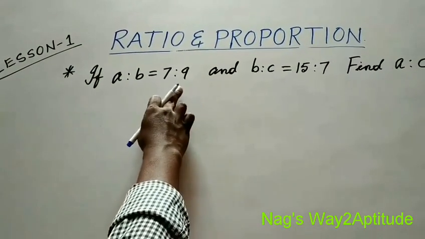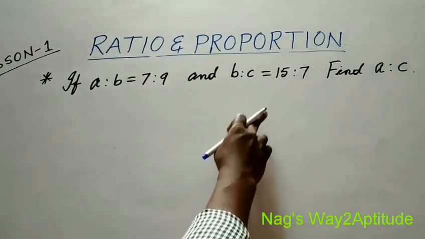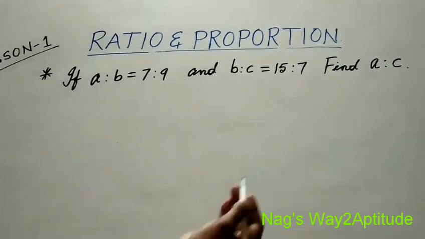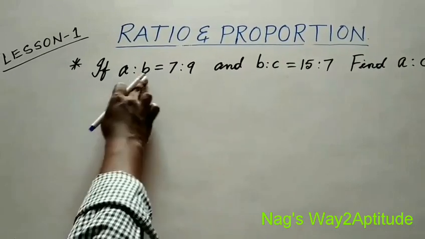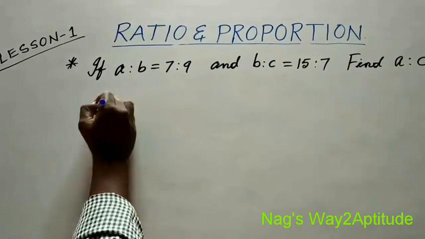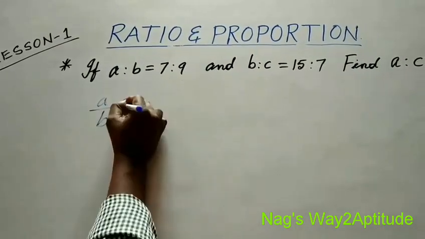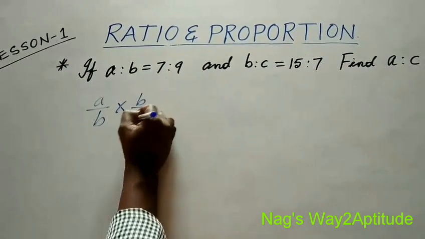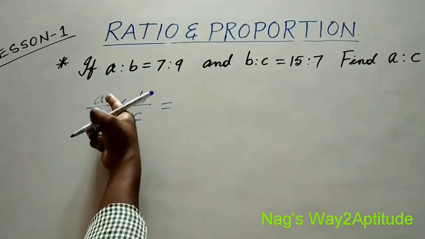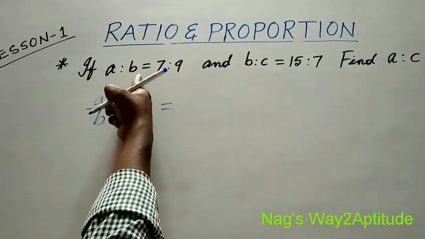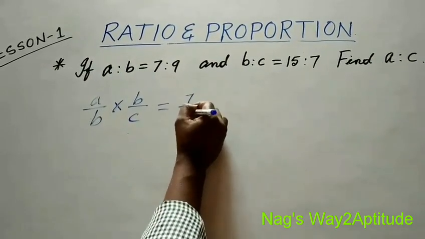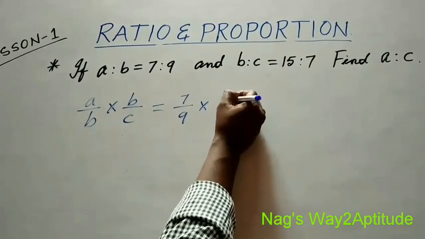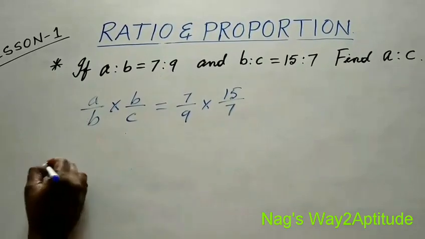If A is to B is equal to 7 is to 9 and B is to C is equal to 15 is to 7, find A is to C. Just like in the previous problem, A is to B can be written as A by B into B is to C is B by C is equal to, what is the value of A by B? It will be 7 by 9 into the value of B by C will be 15 by 7.